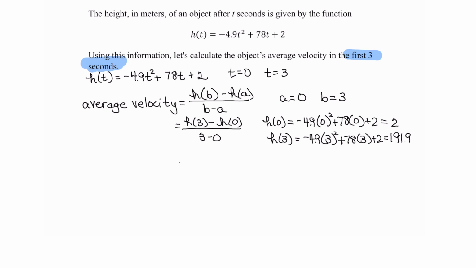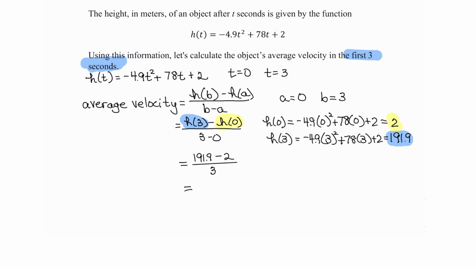Now putting that into the average velocity formula, we have h of 3, which we are going to replace with the 191.9, then minus h of 0, which is 2, and that's over 3 minus 0, which is 3.